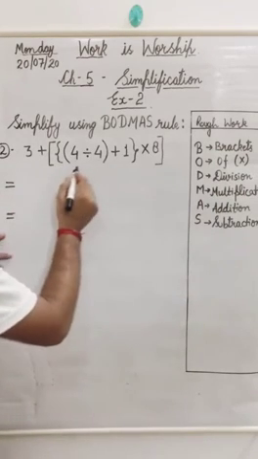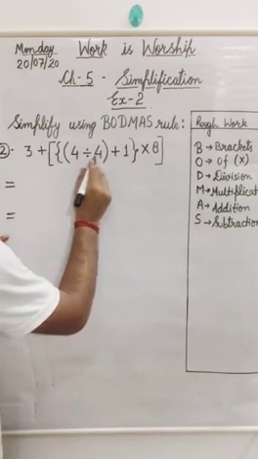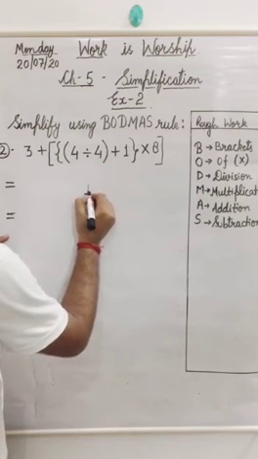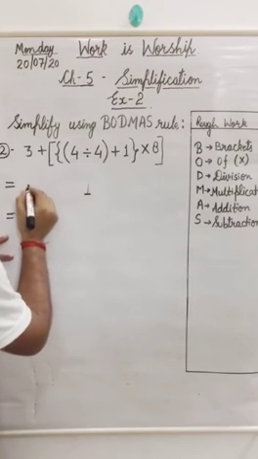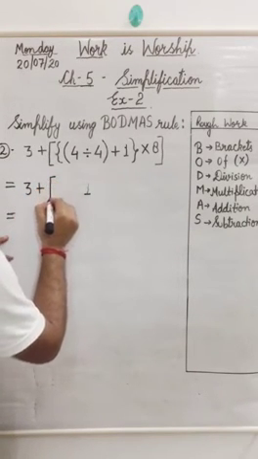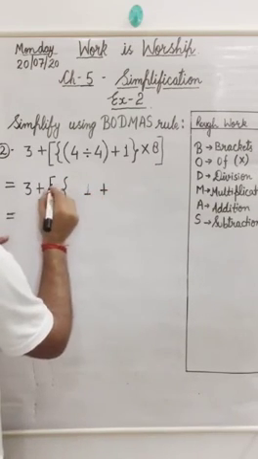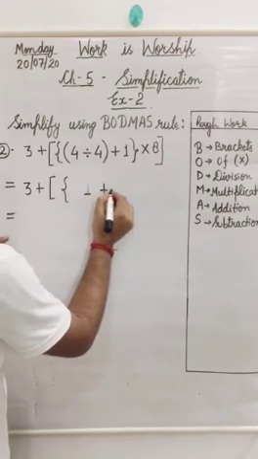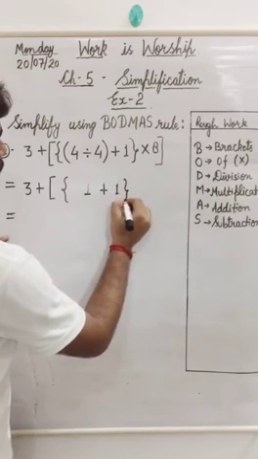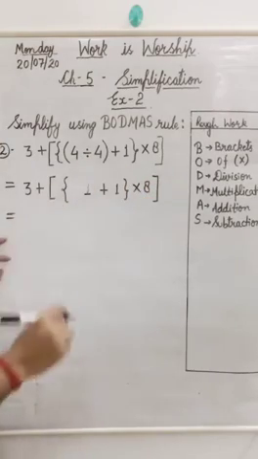So what we can do? We will solve first the operation inside the round bracket. So 4 divided by 4 is 1. So we will write 1 there. Now we will write the rest of the problem as same as above. So 3 plus big bracket, curly bracket 1 plus 1 curly bracket close, multiplied by 8 and then big bracket close.